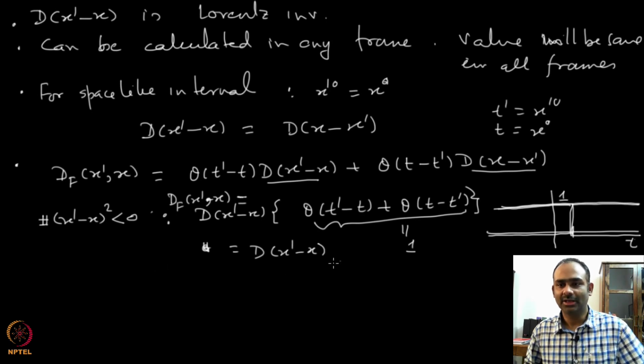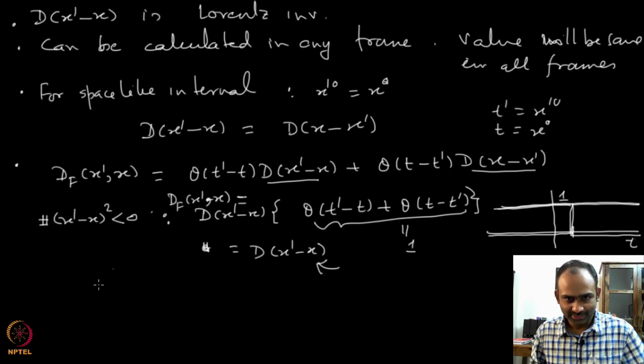Okay. Now, because this object is Lorentz invariant, it means that df x prime x is also Lorentz invariant if the interval is space-like. Okay. And because this depends only on the difference of x prime and x, df, the propagator, also depends only on the difference between x prime and x, and this we have shown for space-like separation. Okay. So, let me write down.